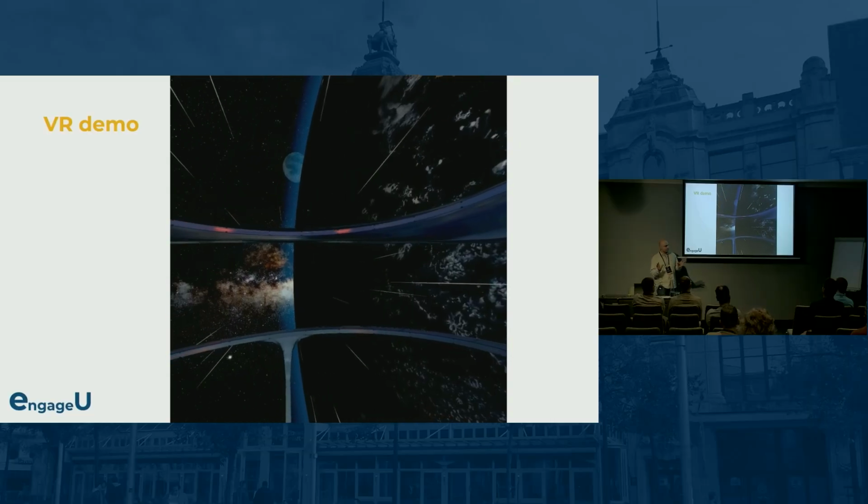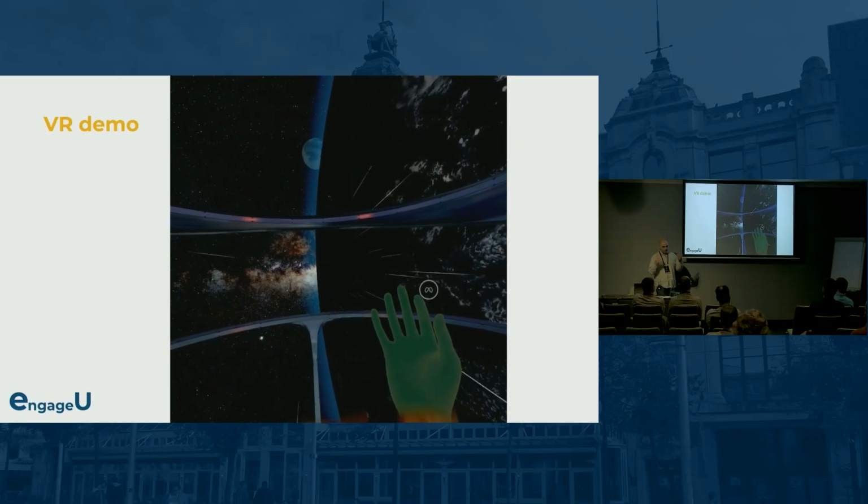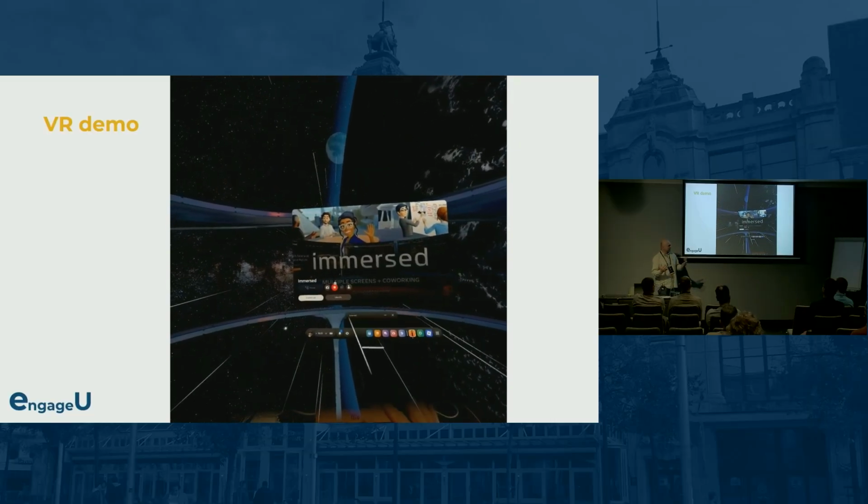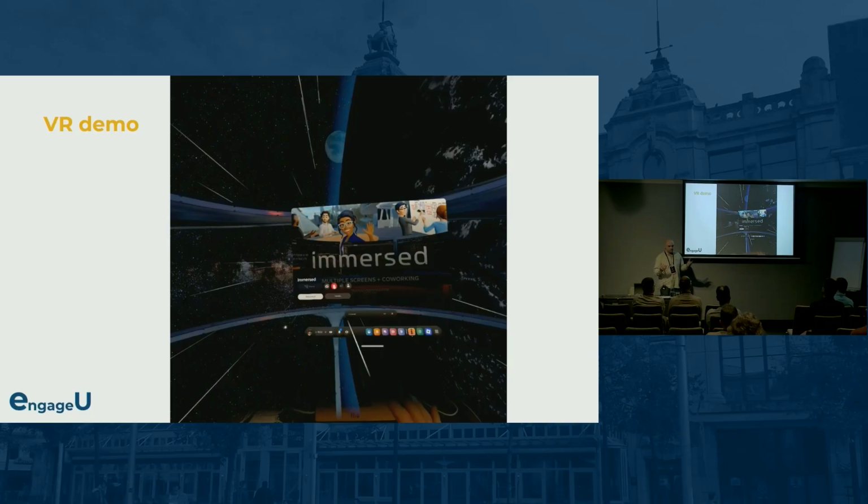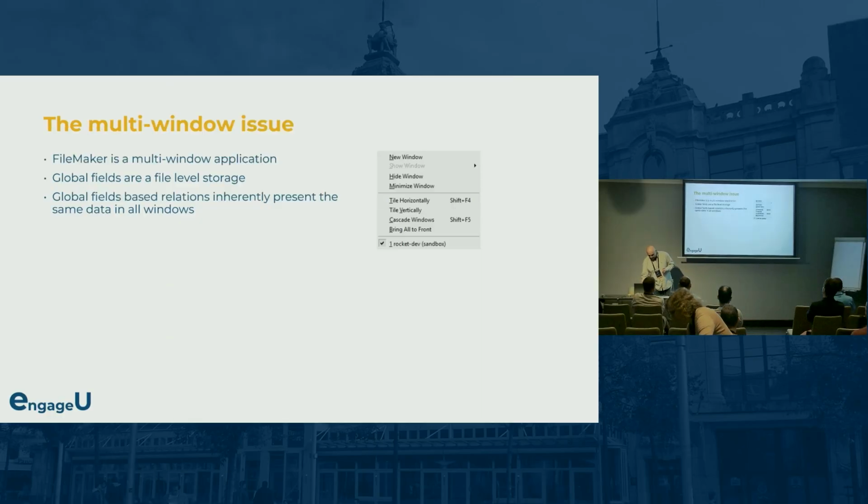And that's why I started to worry about how FileMaker behaves if we use multiple screens and multiple windows. So, what really is the issue with multiple windows in FileMaker? First of all, we all know FileMaker is a multi-window environment.